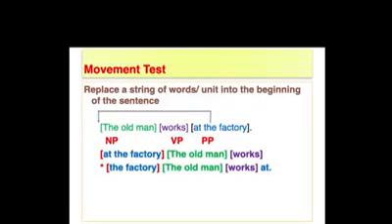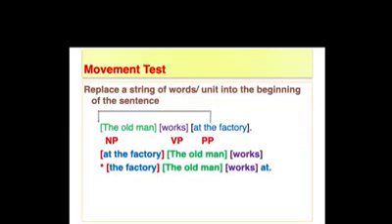And the third is PP, prepositional phrase, at the factory. Now, if we change the order of the sentence by putting at the factory at the beginning, and then see what we will have: at the factory, the old man works. So we think that this is possible. It's acceptable. It's meaningful. We understand what is being said.